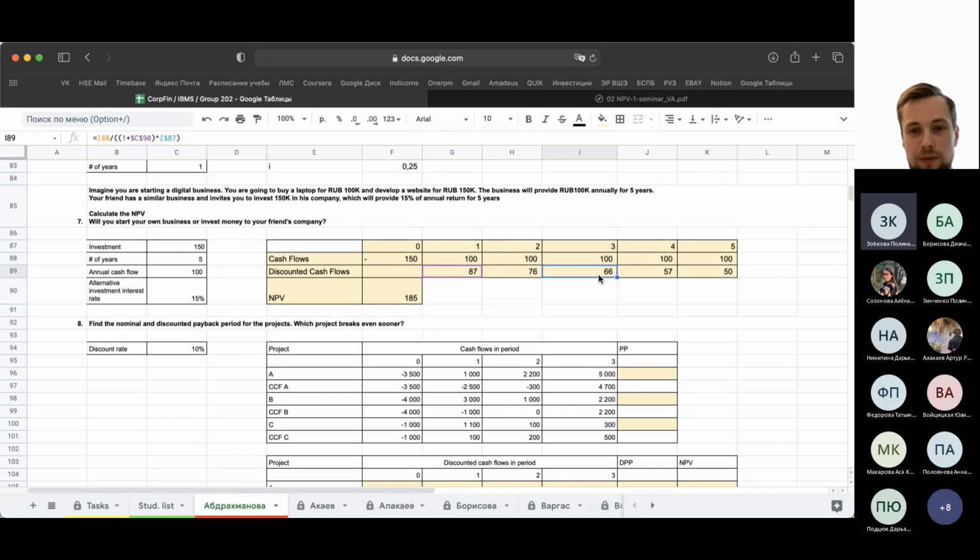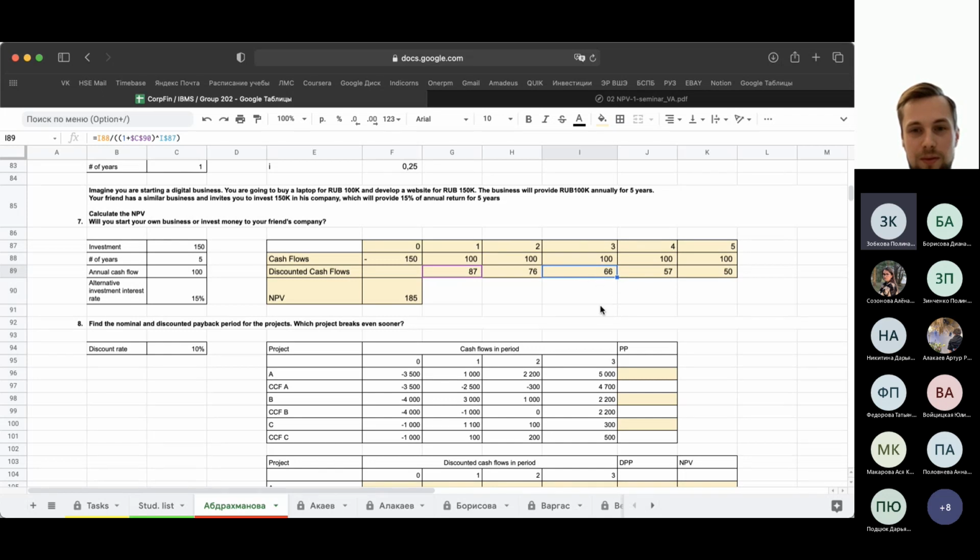Well, this is the value of expected future cash flows. Yeah, but why do we call it discounted cash flow? So what does it show?